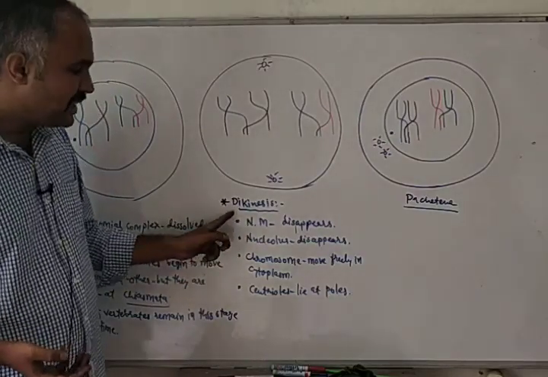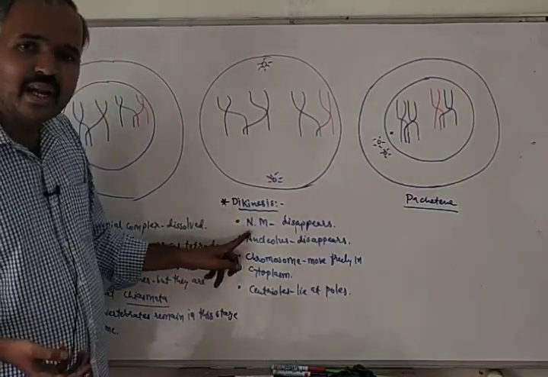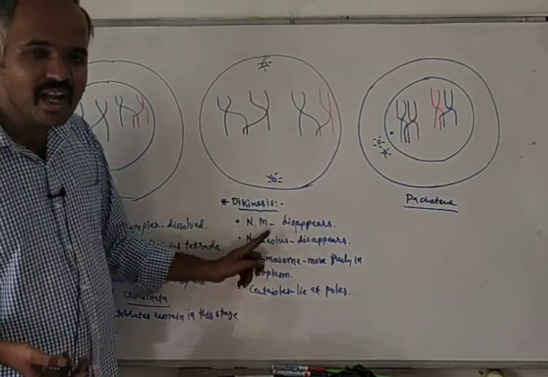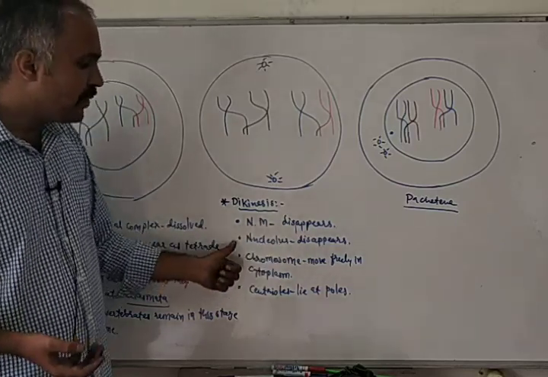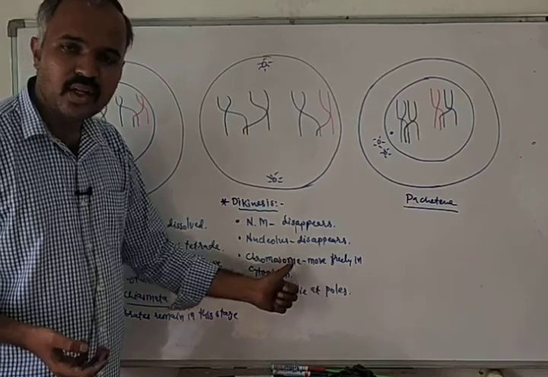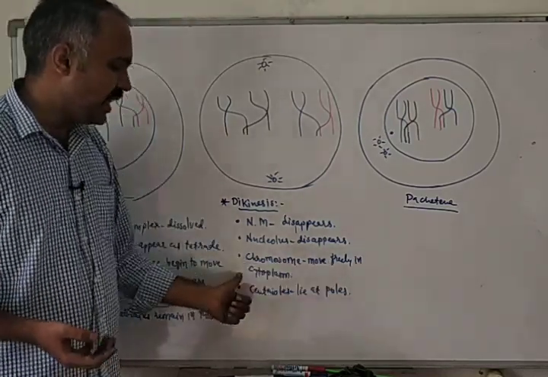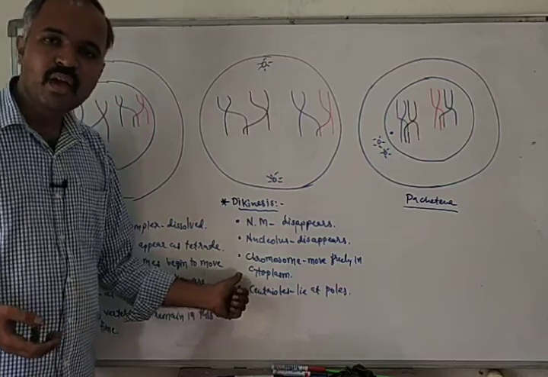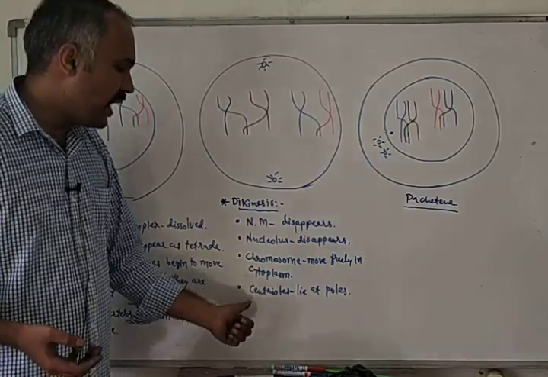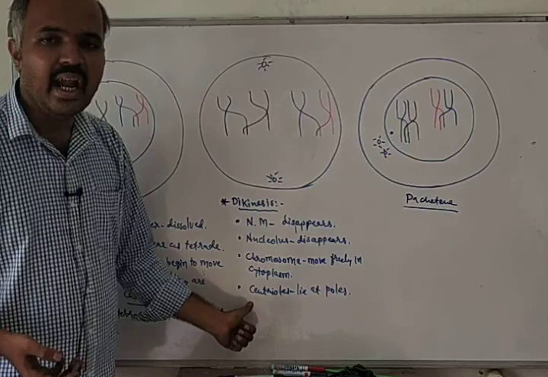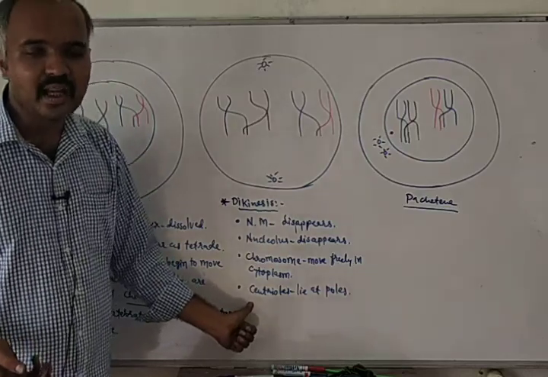What happens in diakinesis? Nuclear membrane disappears, nucleolus will disappear, chromosomes move freely in the cytoplasm, and centrioles will lie at the poles.